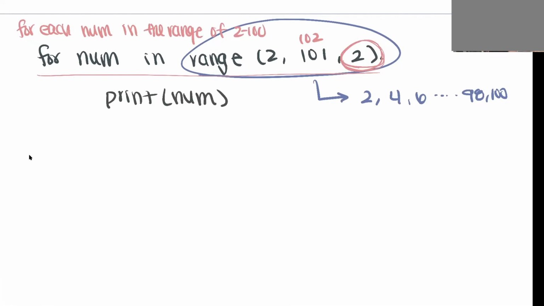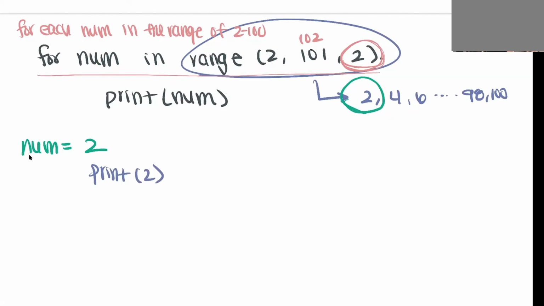So when we start off, num is equal to the first value of our range, which was 2. When we go inside of the loop, we see print num, and num was 2, so it will just print 2. After that, you will circle back around and get the next num in the range, which is 4.